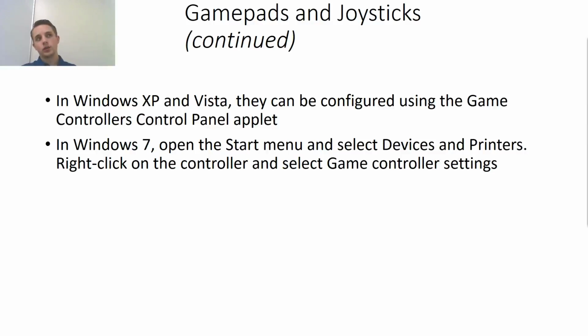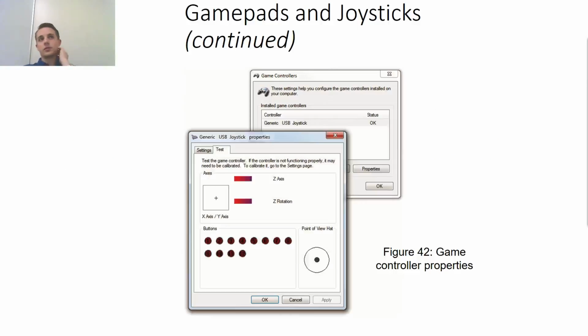It's configured essentially the same way you configure any other device in Windows. Nothing really too special about it. Sometimes you need drivers for it. Sometimes Windows has certified drivers that will install with Windows Update.